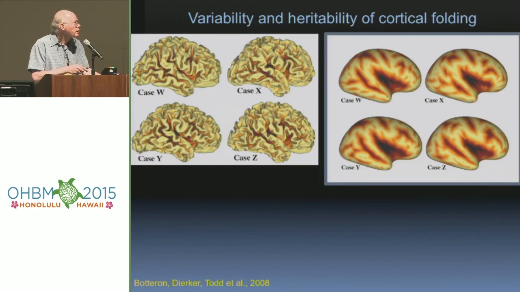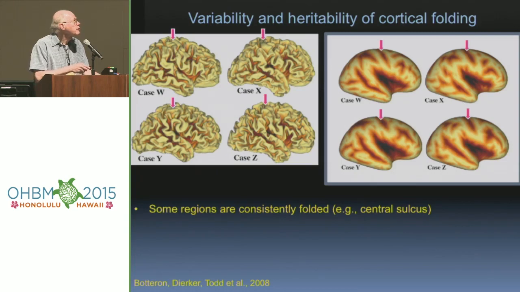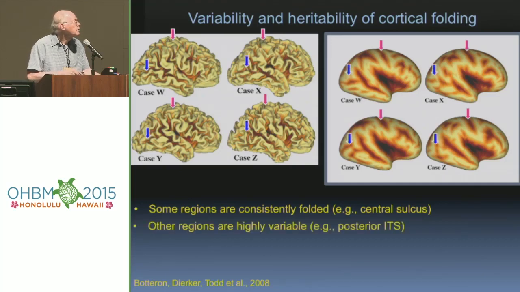And if you look at inflated versions on the right of these same 4 individuals, one sees that there are some regions like the central sulcus and the superior temporal sulcus that are consistently identifiable in all individuals, but in many regions such as lateral, inferotemporal, and posterior inferotemporal cortex, the folding patterns are strikingly different from one individual to another. And that's the case even when the same genetic instruction kit is given by looking at monozygotic twins.